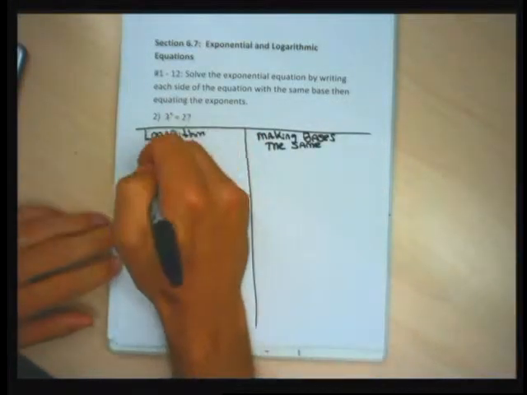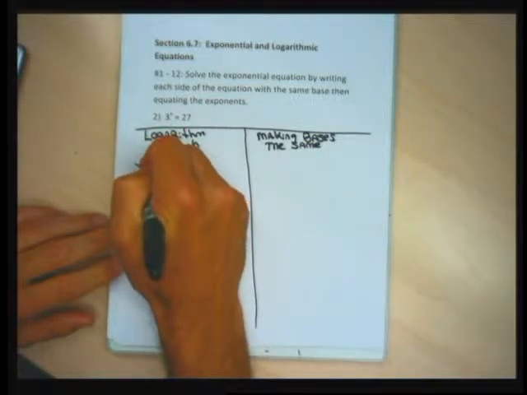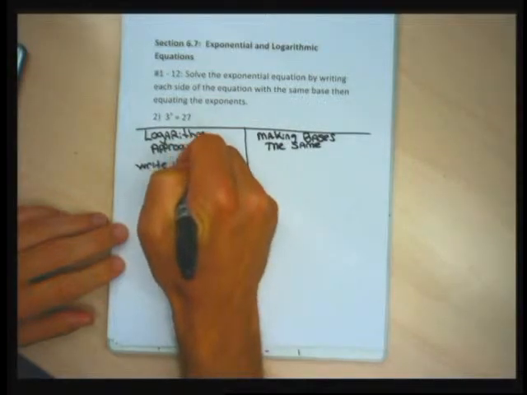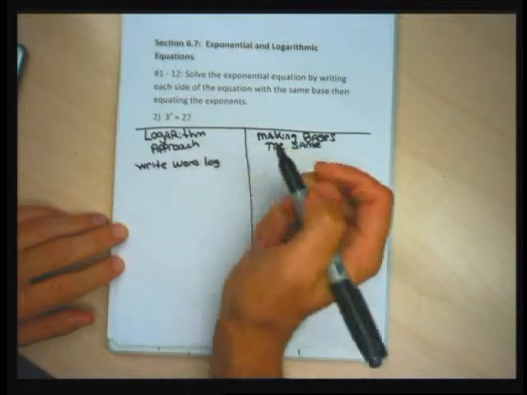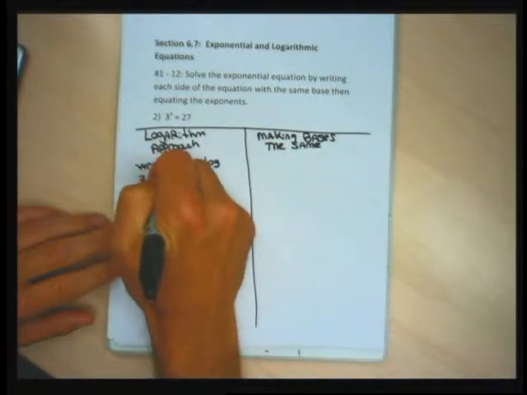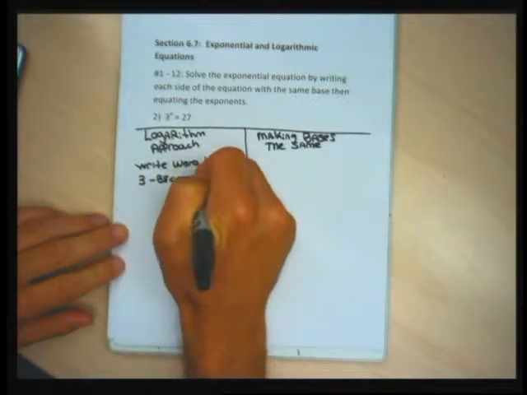So the logarithmic approach to solve a problem that has an x in the exponent: for this problem I'm going to write the word log. The 3 is the base of the exponent, and the 3 will become the base of the log.